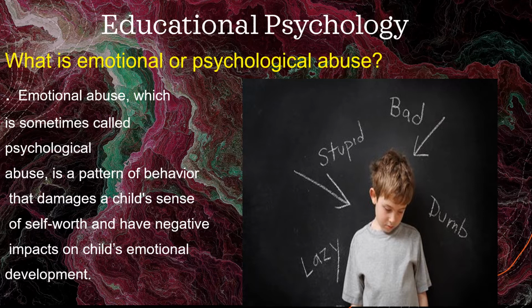So this is a form of pain that children usually, or we can say always, experience from us, from his or her family members, from friends, from his or her elders.